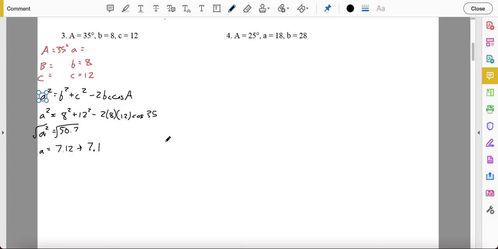Since we're going to use this to solve for other angles and sides, I'm going to leave it at 7.12.